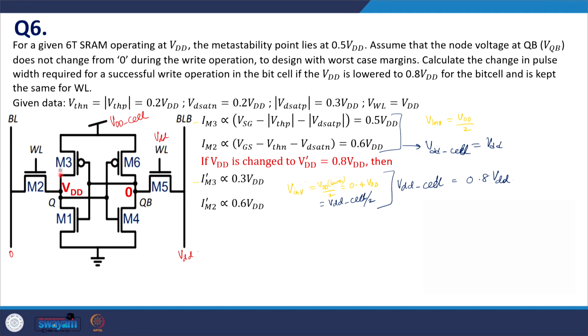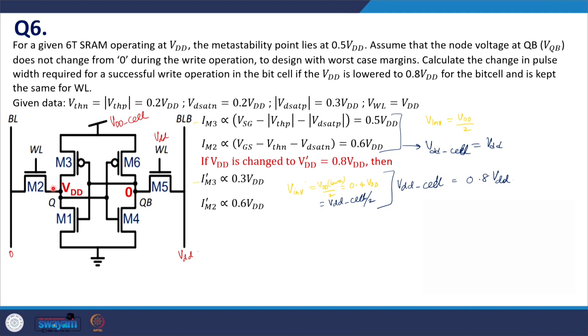So, the device is operating in saturation because this is VDD by 2, around 0.4 volts, and 0.8 minus 0.4 volts is larger than the typical velocity saturation related VDSAT of the device. So, we assume it to be in saturation and we get this subthreshold saturation and this value of the current through M3. What about M2?